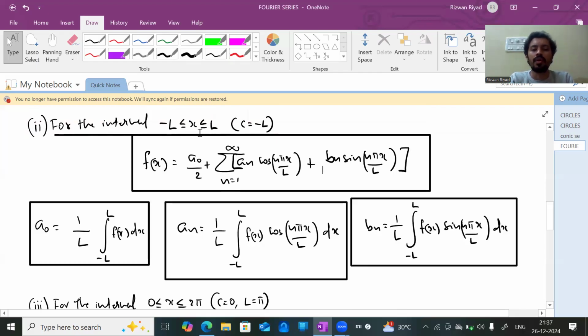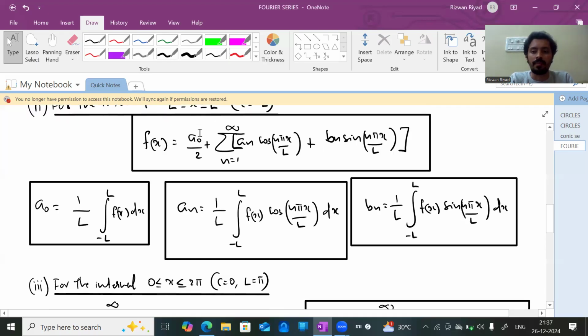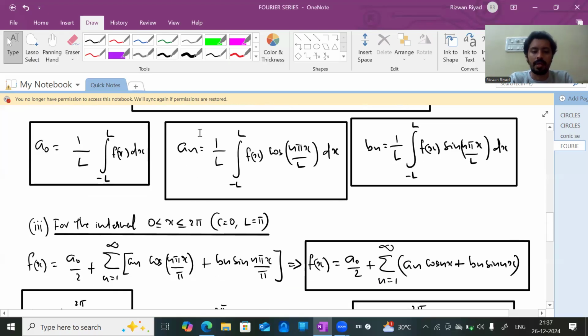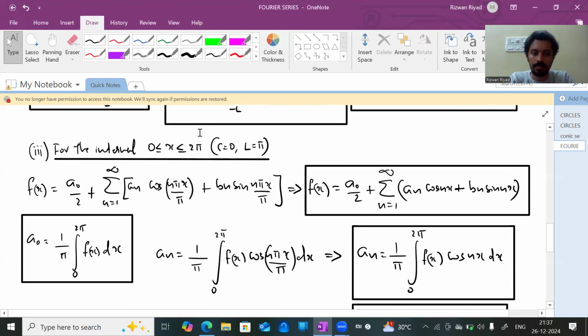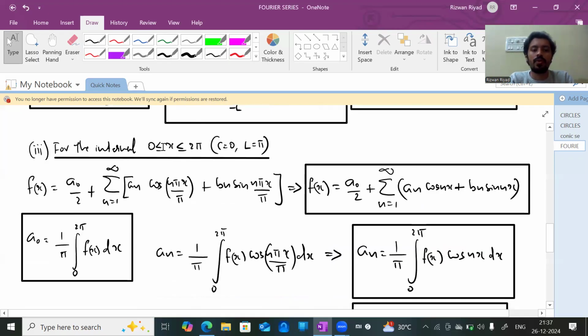Next, we are giving values for this L also. Let's first give the value pi for this L. So what will happen? See here: 0 less than or equal to x less than or equal to 2 pi.